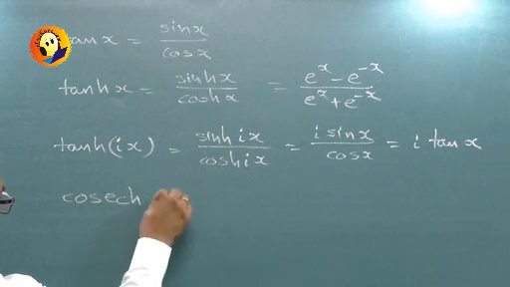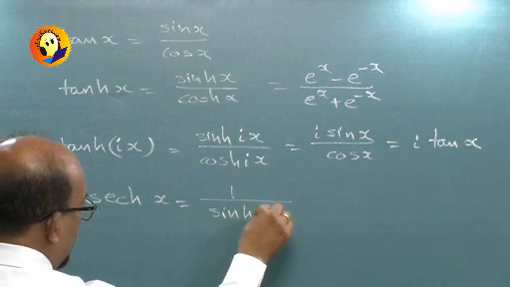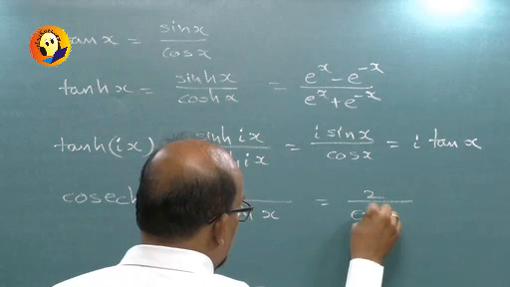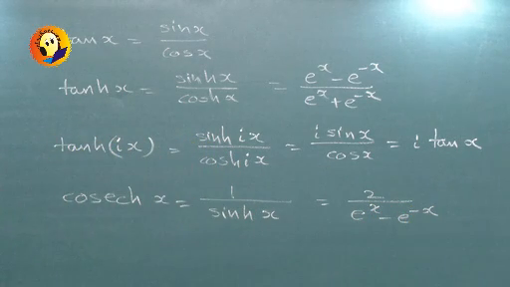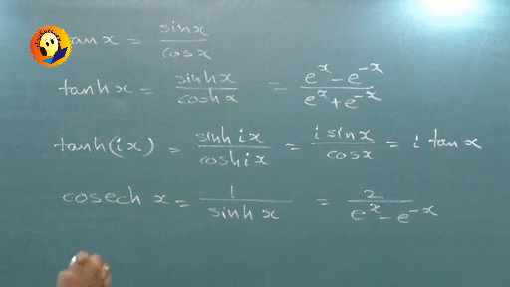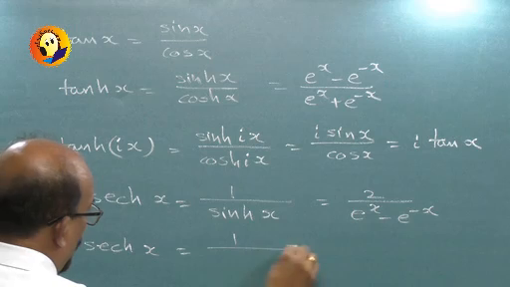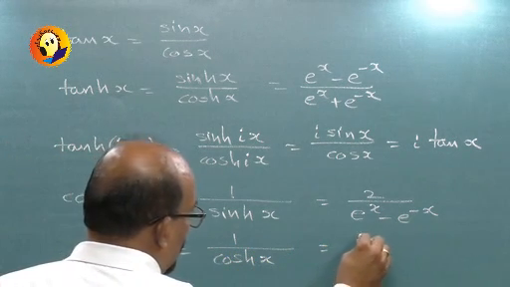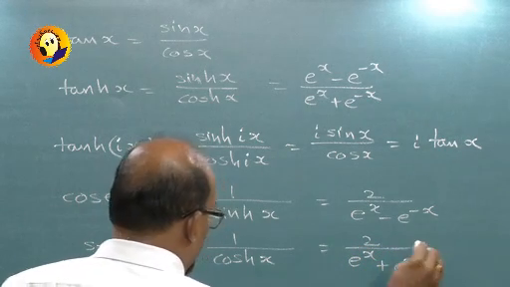Cosec hx is 1 upon sin x, will be obviously 2 upon e raised to x minus e raised to minus x. Sec hx is 1 upon cos x, is 2 upon e raised to x plus e raised to minus x.